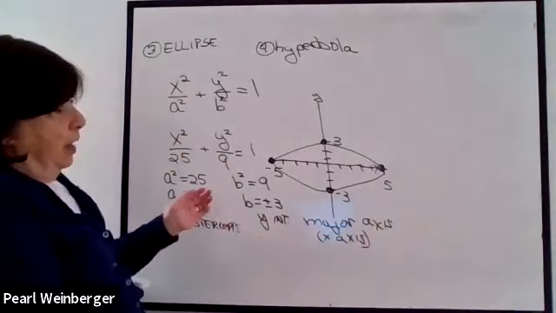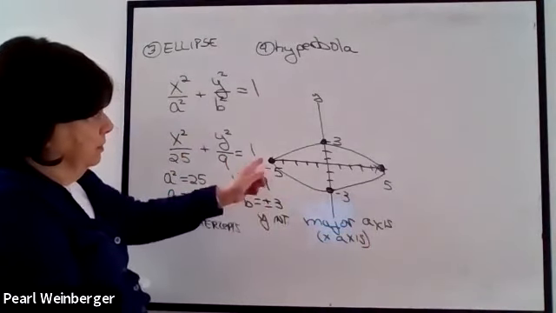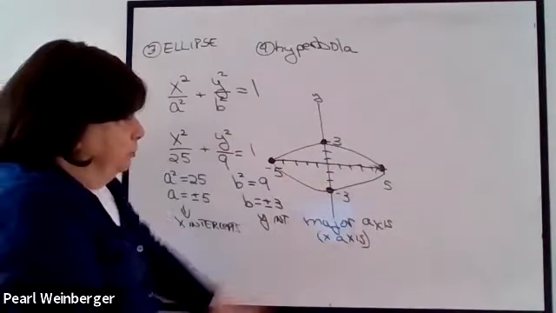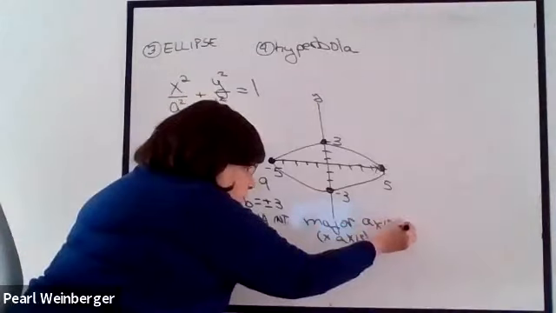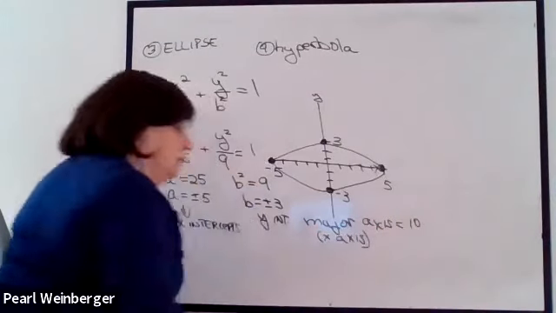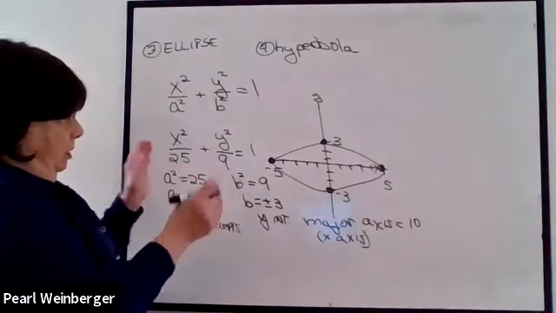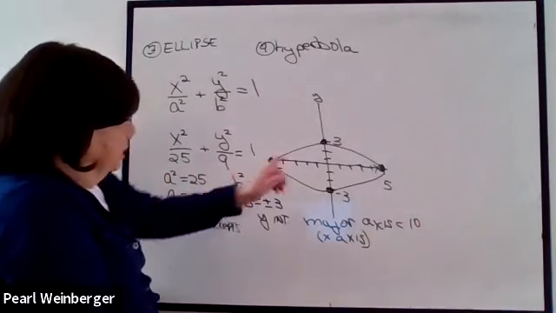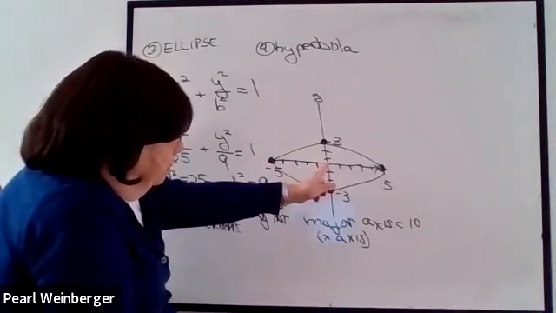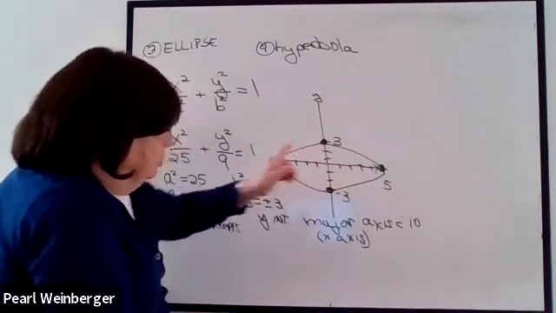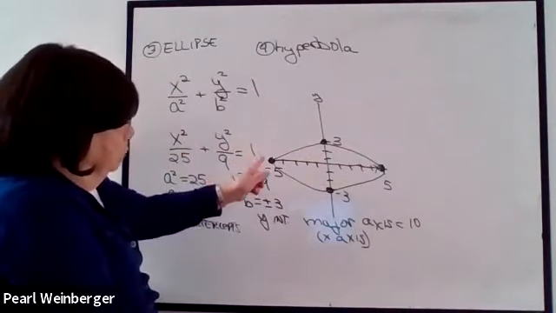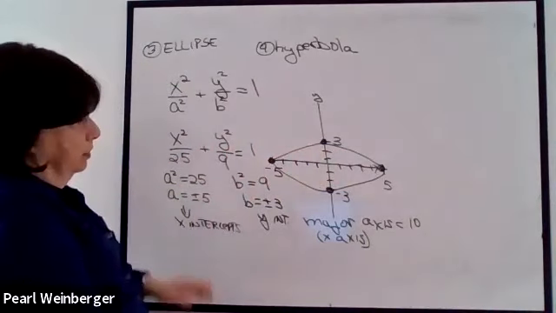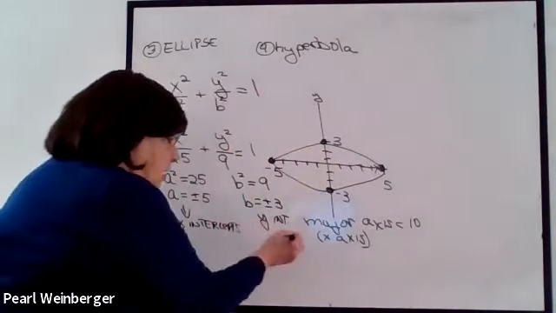If I asked you how long is the major axis, well, it's going from -5 to 5, so the total length of the major axis is 10. Remember, the intercepts are from the middle, from the center to the edge, but the axis goes from one edge to the other, so it's double whatever the intercepts are.